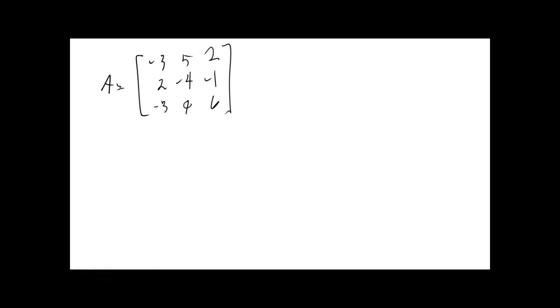Now, first thing always to do is just do a quick glance to see if any rows or columns are multiples of each other. Right now, I see none. Do you? No. None at all.